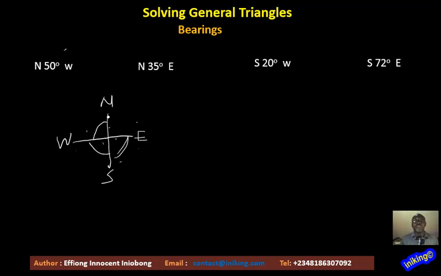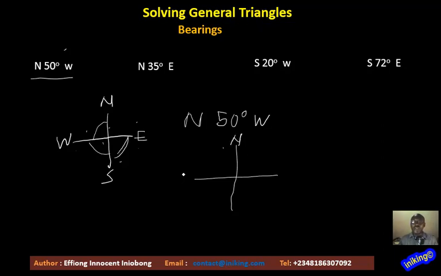How do we now do this? First, let's look at this. N 50 degrees west. What does that imply? It simply means that if I should sketch out my cardinal points, I'll look at the north.